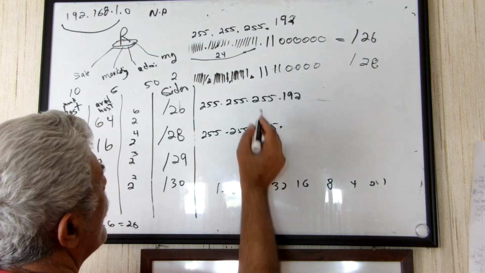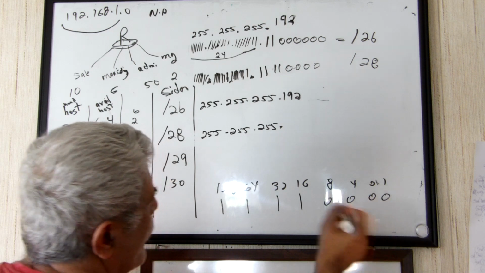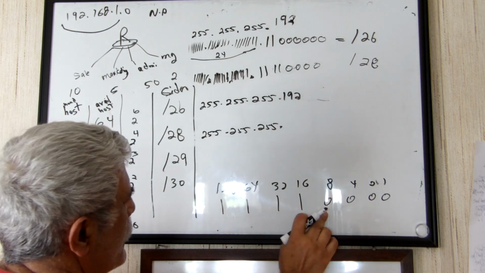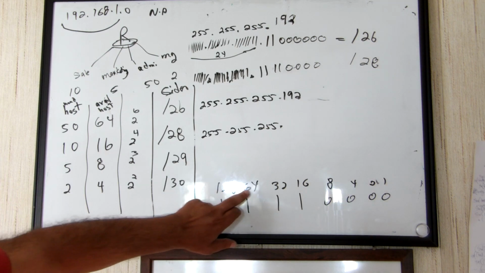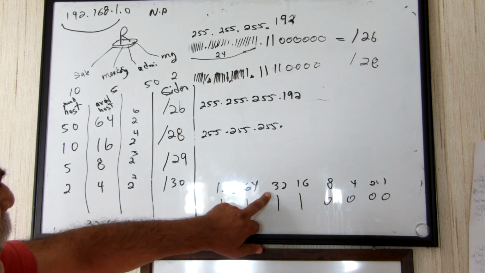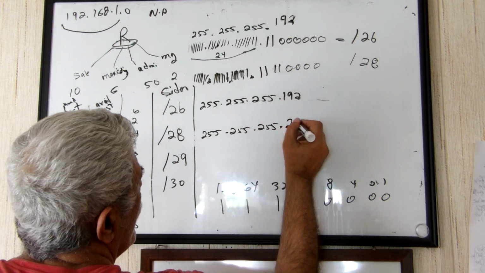There are 4 ones and the other 4 are 0. If you add this together, 128, 192, 224, 240. So this is going to be 240.